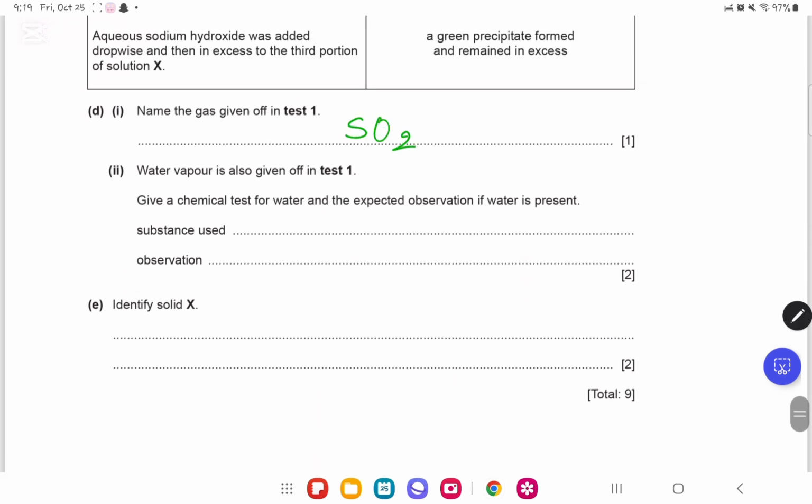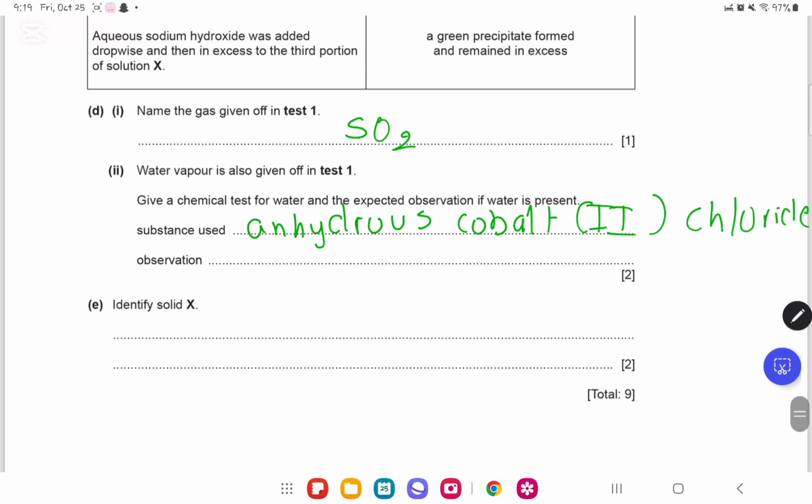Now they're telling us to give a chemical test for water. There is something called anhydrous cobalt(II) chloride.